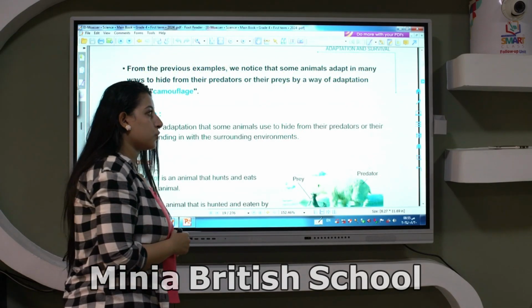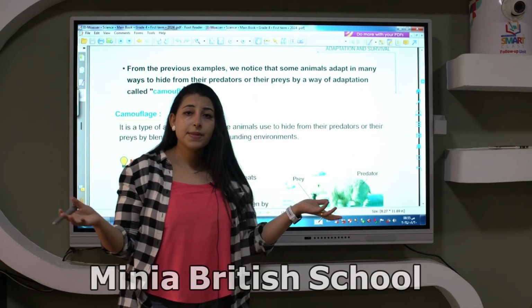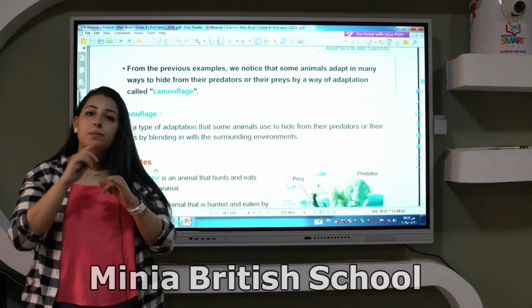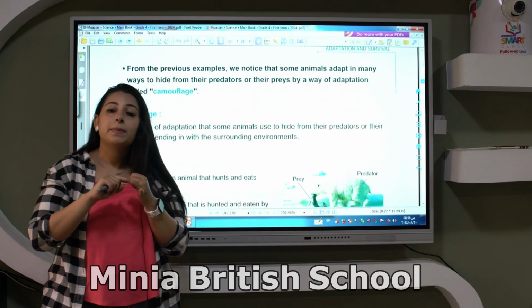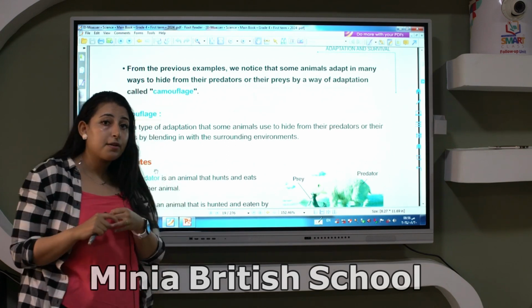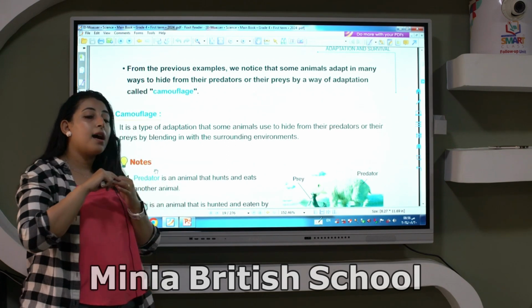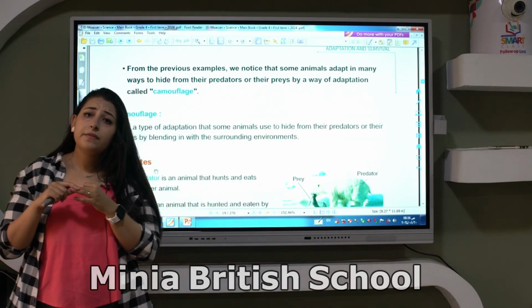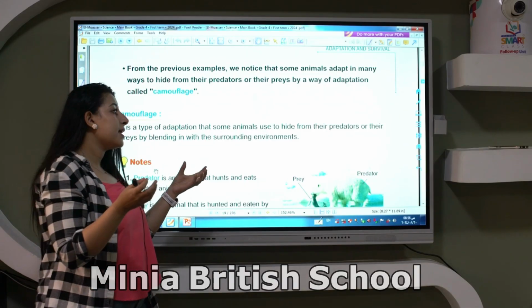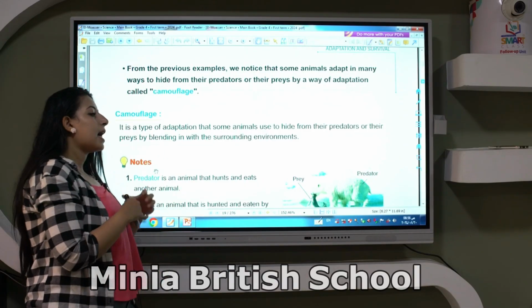What is camouflage? We said many examples about camouflage. We said the polar bear that lives in polar regions. We said also the black and brown bear that live in forests. We said the colorful lizard which lives on the colorful rocks. All of these make something called camouflage.